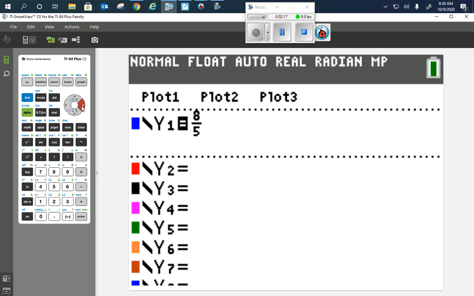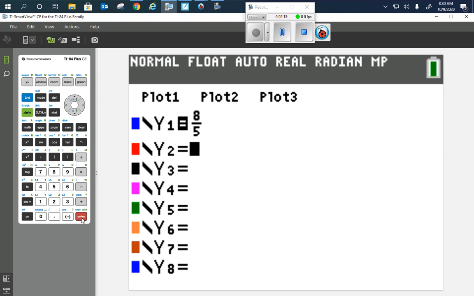Versus if I wasn't using that F1 format and I hit enter, the only way I would have to do 8/5 would be 8 divided by 5. And when you get really complicated problems, where we've got a complicated numerator and complicated denominator, it gets very confusing, because you have to have enough parentheses to make sure things are dividing and so on.